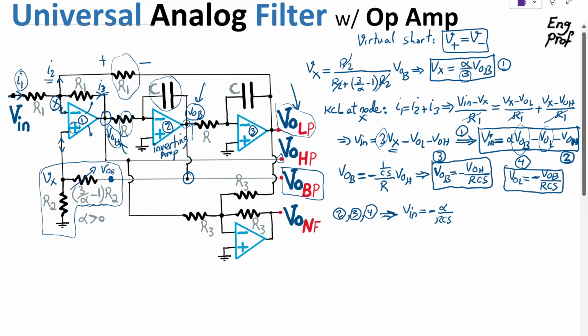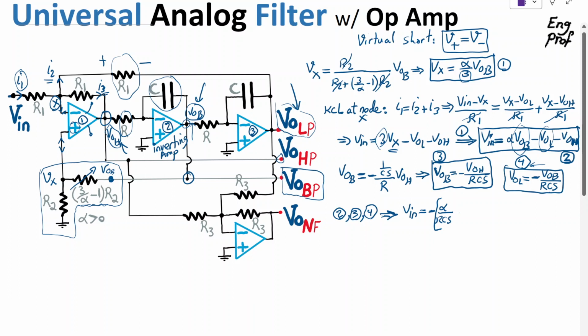So I'm going to factor out the negative and V out high pass. And then for negative V out low pass, as you can see from equation 4, V out low pass is negative V out bandpass divided by RCS, but then V out bandpass is negative V out high pass over RCS.